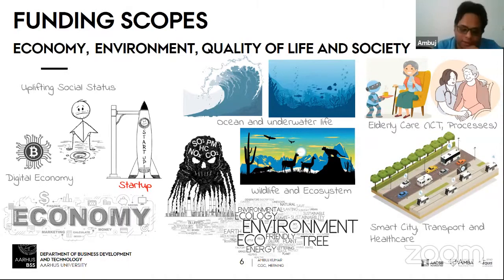Although these belong to ICT, they are considered as improving the quality of life. So this is how your funding scopes can be categorized in three major areas, and then you can decide which area you want to seek. Obviously, you will look at the problems that you want to solve through your project, and then you can seek funding for that.